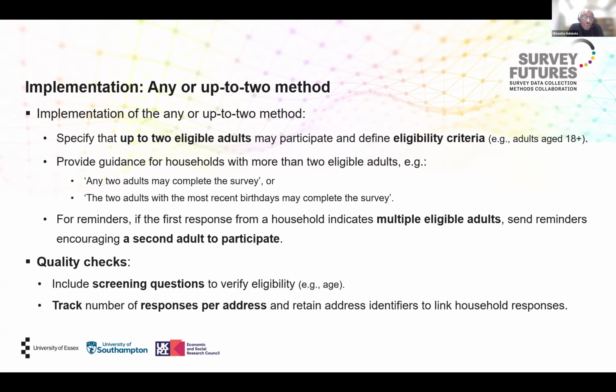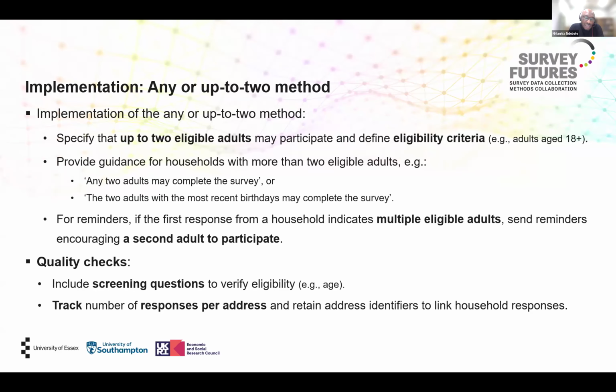And also, when considering reminders, now that we're selecting more than one, in the instance where we've received a first response from a household, when sending reminders, we might encourage the household to have the second adult participate.